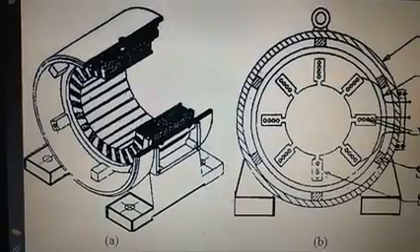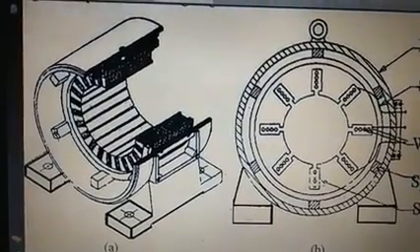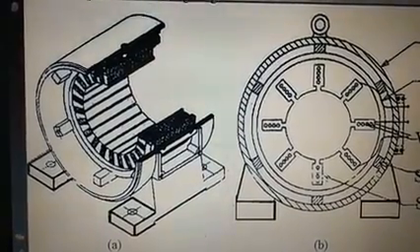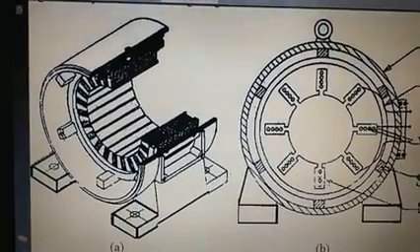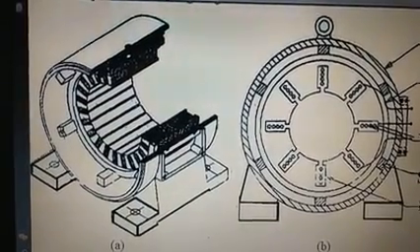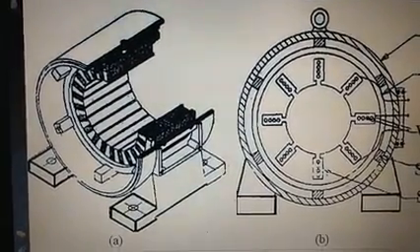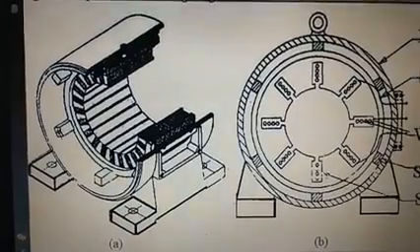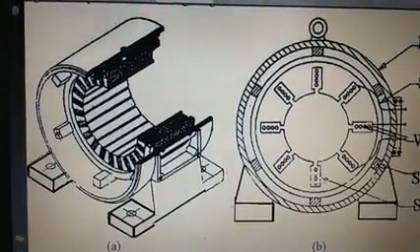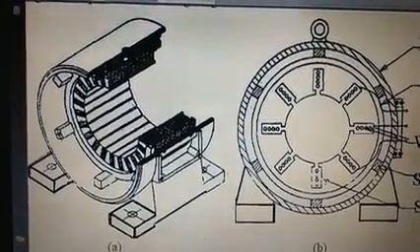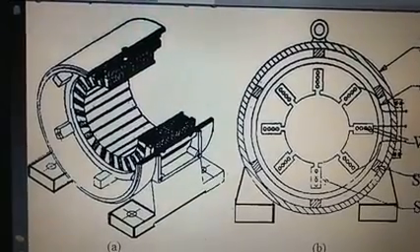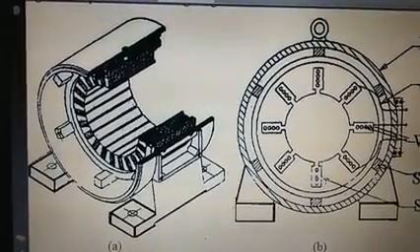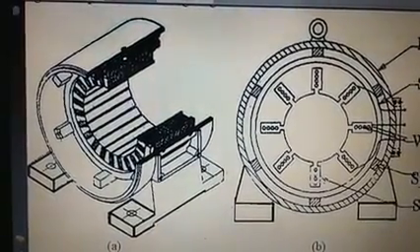Since it is three-phase, the phase windings are placed 120 electrical degrees apart and may be connected in either star or delta externally, for which 6 leads are brought out to a terminal box mounted on the frame of the motor.